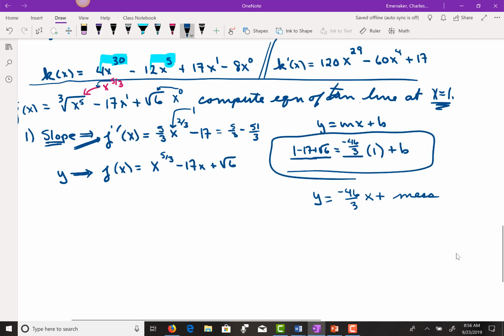You can solve for b, can't you? That's just real straightforward algebra. That then gives you an equation of the tangent line. But Chuck, those numbers are ugly. Yeah, welcome to the real world. Sometimes we're going to have numbers like 1, 2, 3, negative 5. And just as frequently, we're going to have things like minus 16 plus square root of 6. And that's just as good of a number as 4.